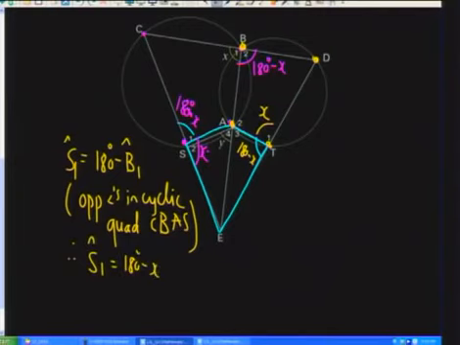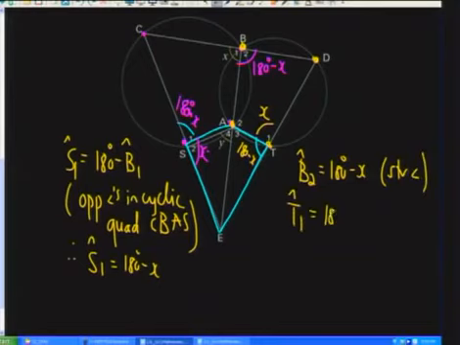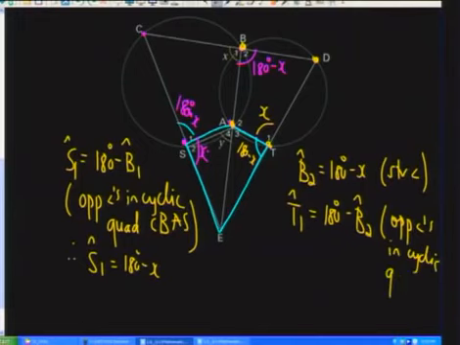If we had then said that B2 was 180 minus x because of the straight angle, then we can automatically say that T1 is 180 minus B2 because opposite angles in cyclic quad, and in this case we have BD 180, and therefore T1 is equal to 180 minus 180 minus x, which is x.